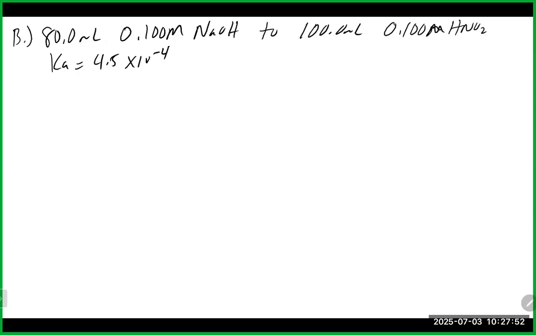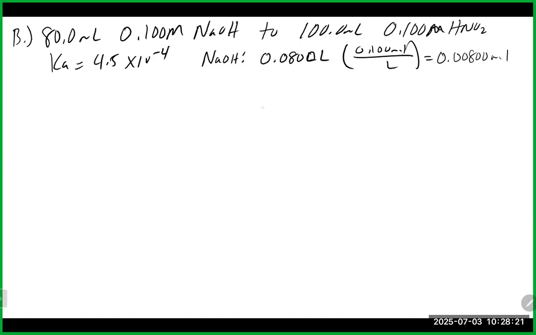All right, so I'm going to start with some moles here. So I'm going to go for my sodium hydroxide here. Again, converting my volume into liters, dividing by 1,000 or moving my decimal place over. Going to multiply it by the molarity, which is our moles per liter. That's going to get us 0.08 times 0.1. You get us 0.008 moles of sodium hydroxide.